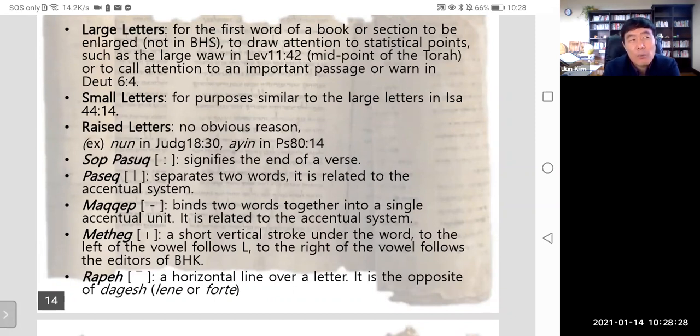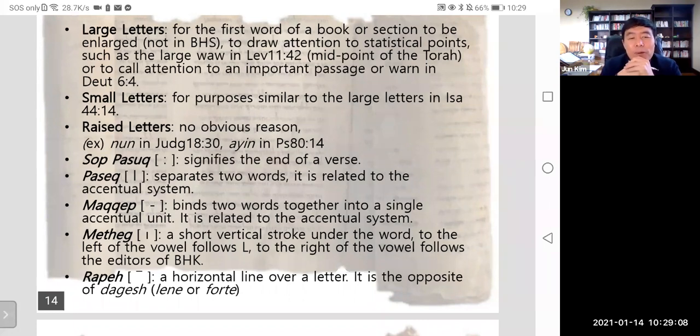When the Masoretic scholars copied the manuscript, they realized that certain letters were relatively smaller or bigger, and they didn't change the font size. They tried to copy it as it is, and yet they didn't even know why. Even the majority of outstanding Hebrew scholars don't know why, especially when it comes to the purpose of raised letters.